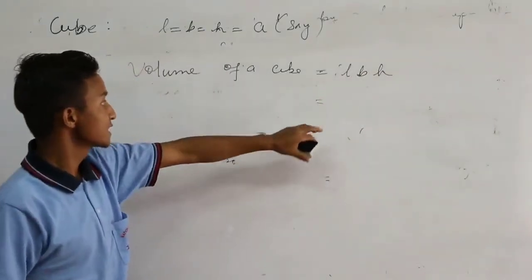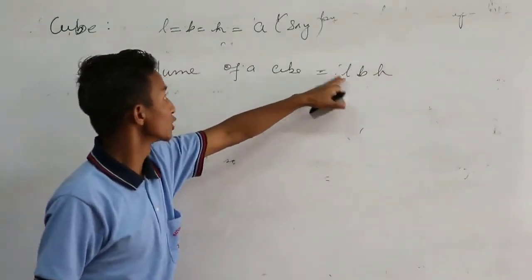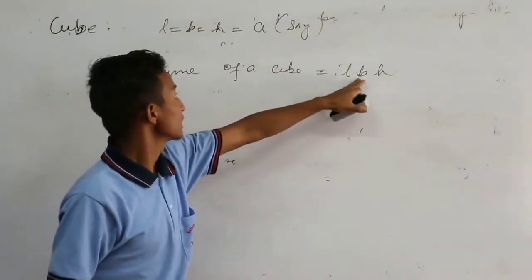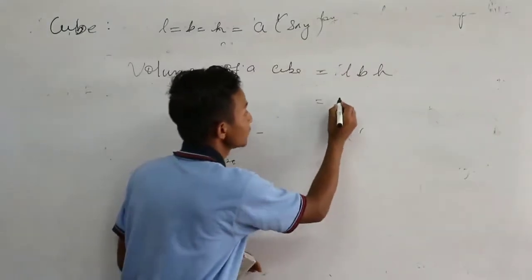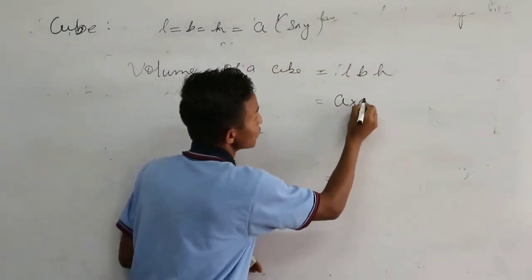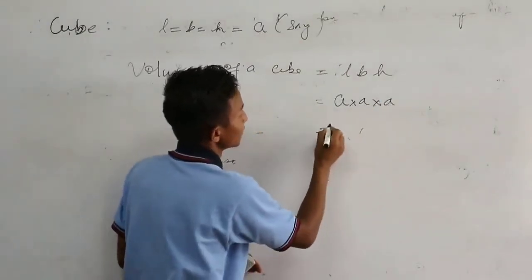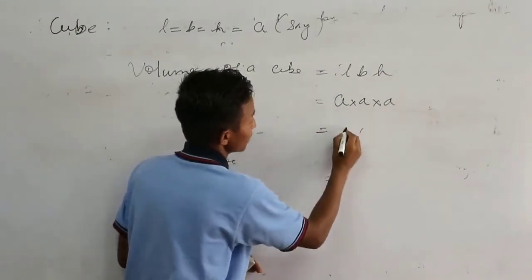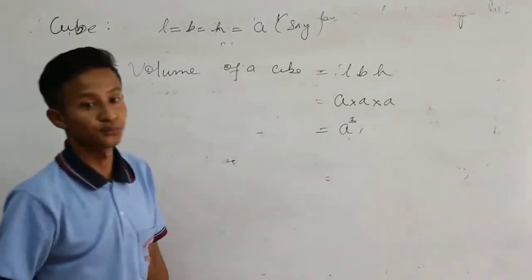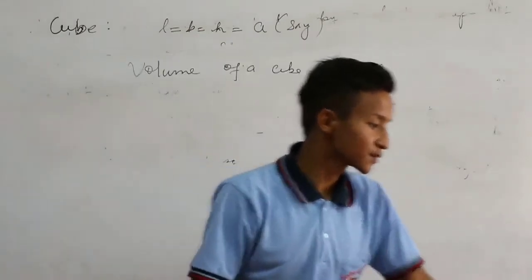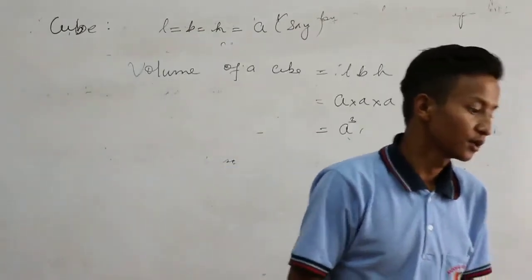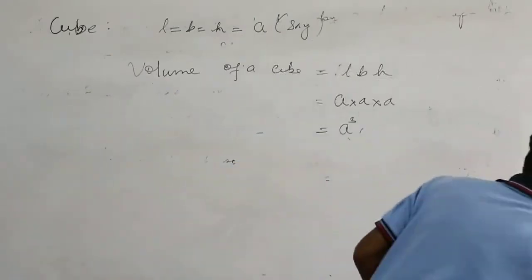But in this case, length is equal to A, breadth is equal to A, and height is equal to A. Substitute, get A into A into A, multiply them up, and we get A cube. That is the volume of the cube. So next, a cylinder.